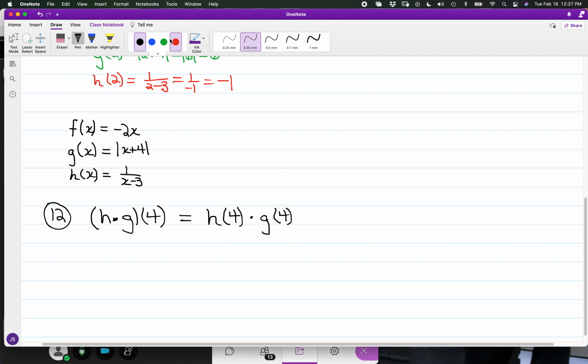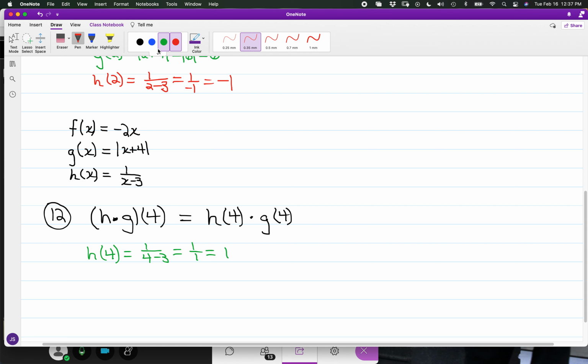and just looking at what we have for h of 4. So h of 4, again, you have in compliance with h of x, so with x at 4, you have 1 over 4 minus 3, and 1 over 1 reduces to 1.